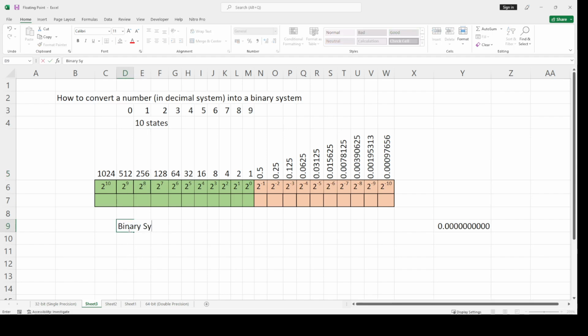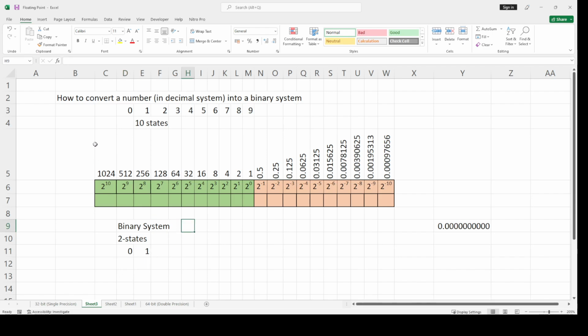In a binary system, we have only two states, that is zeros and ones. And that is why we need to understand how we can convert these 10 symbols into just two symbols, because as I've said earlier, a computer can only be in two states, zeros and ones.